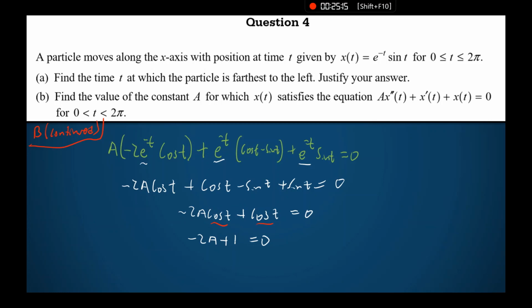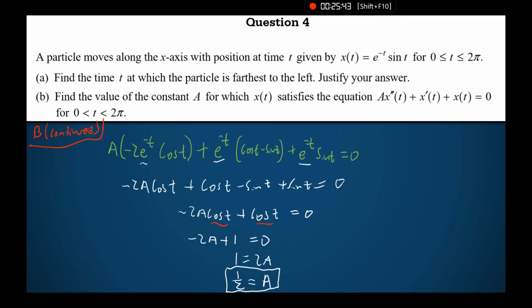Negative 2a cosine t divided by cosine t is negative 2a. And then solve for a. So I've got 1 equals 2a, or a equals 1/2. Any questions on what we did?